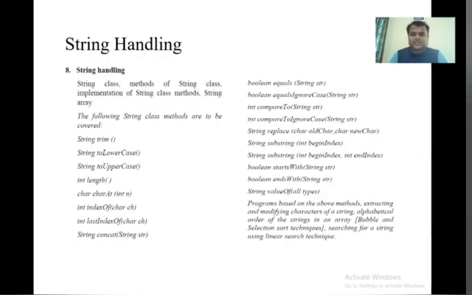And you can see after that string boolean endsWith, programs based on the above methods: extracting and modifying the characters of a string, alphabetical order of strings in an array, bubble and selection sort techniques, searching for a string using the linear search technique. These techniques, bubble sort, selection sort, and linear search, come under the array chapter. By using these string functions, we can use them in arrays also.